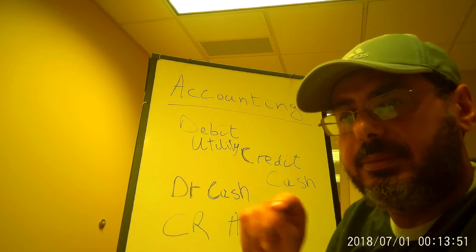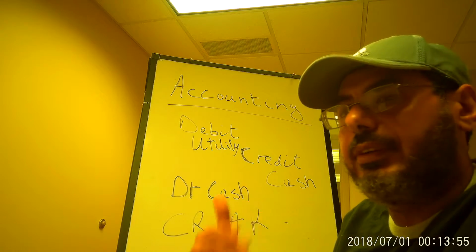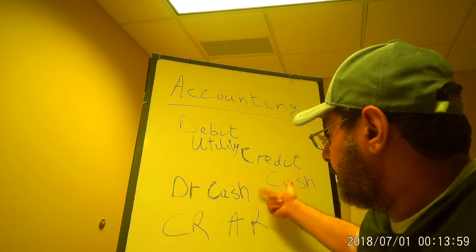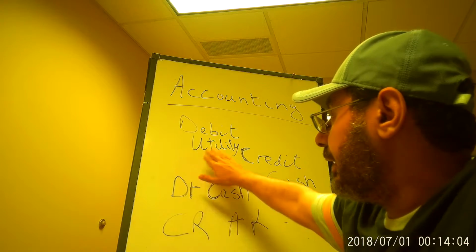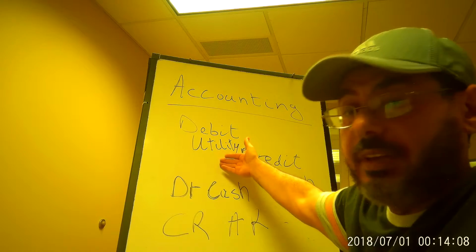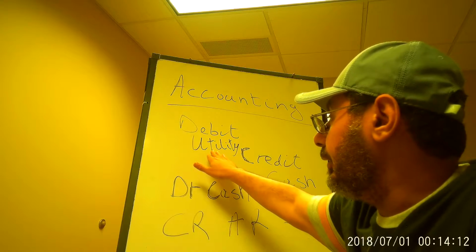And from there we're going to see the difference, because there is a theory behind it. The common thing is cash. But in one, we spend money. We cut a check to the utility company and we're paying the light bill, so we're paying utilities.